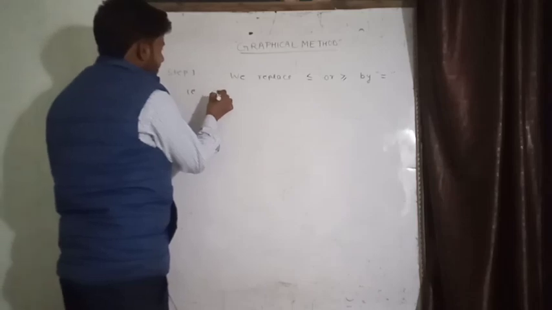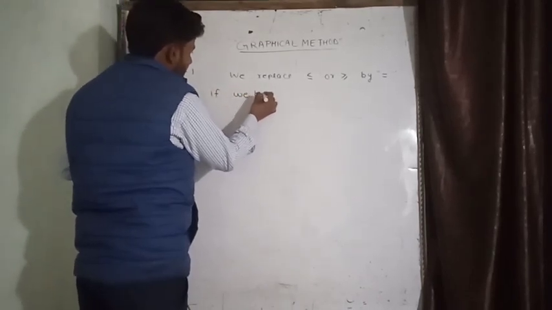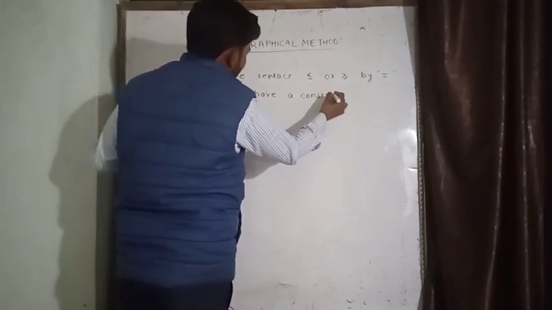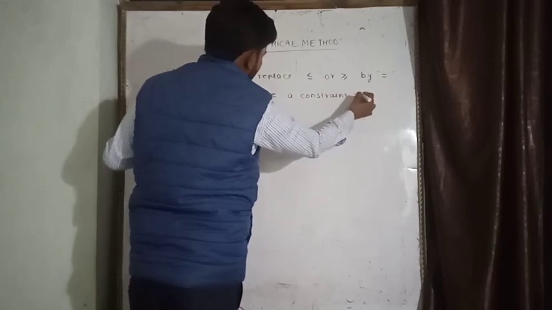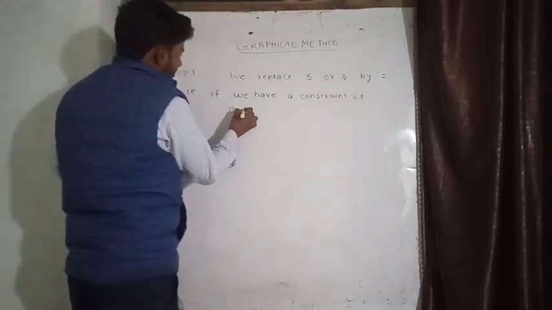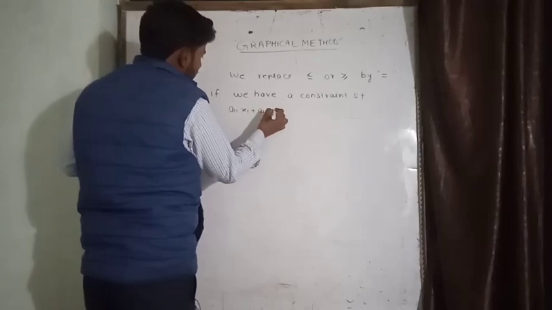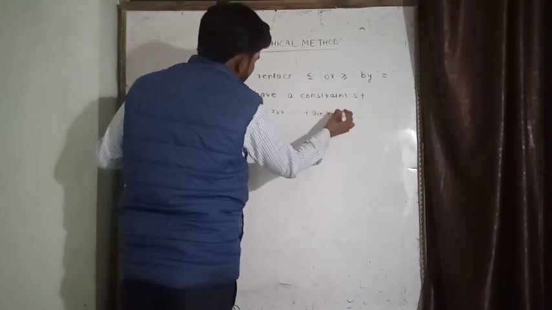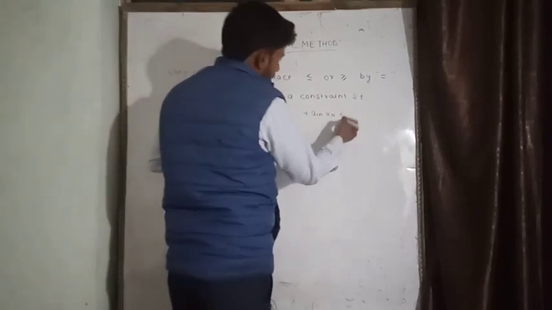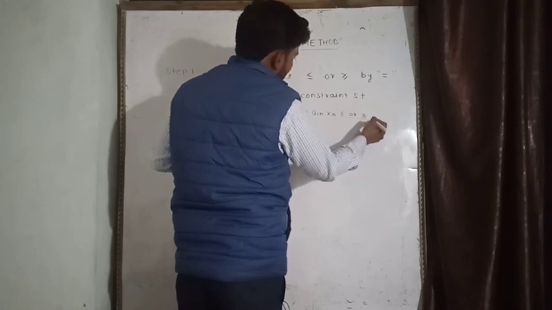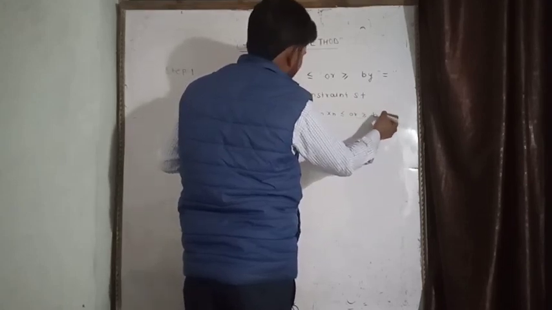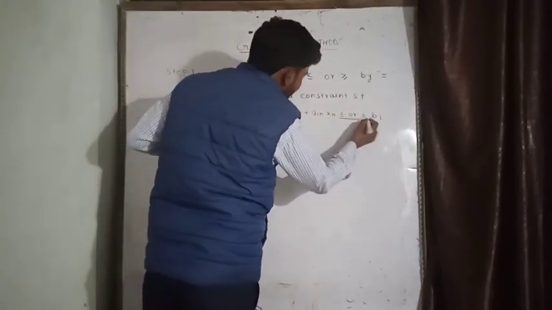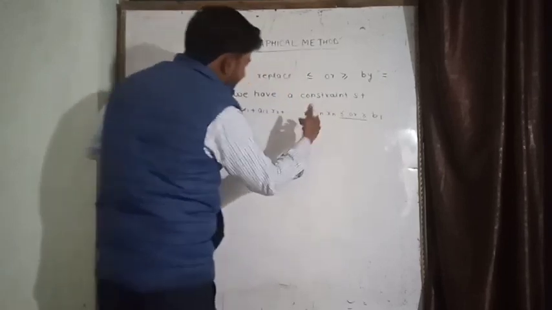That is, if we have a constraint such that a11 x1 plus a12 x2 plus so on plus a1n xn is less than or equal to or greater than or equal to b1, or any number b1, then we replace these inequalities by equal.